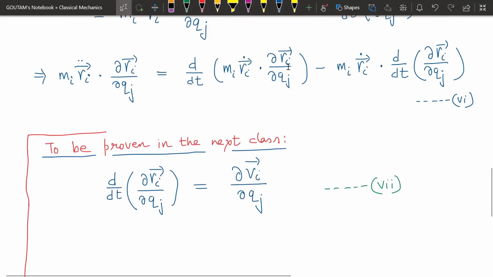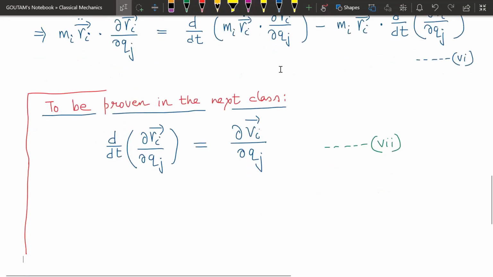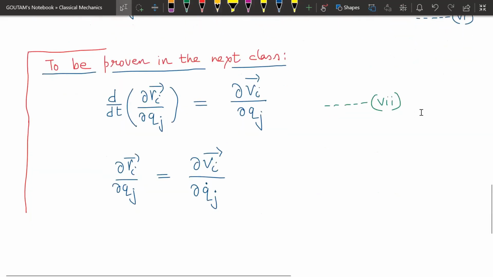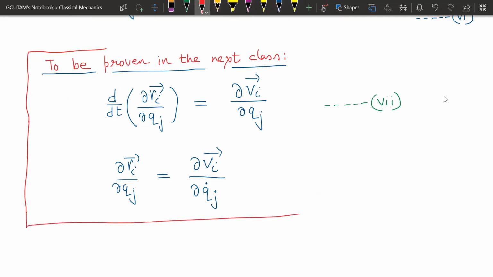del ri del Qj is equal to del vi del Qj dot. Let's call it equation 8.